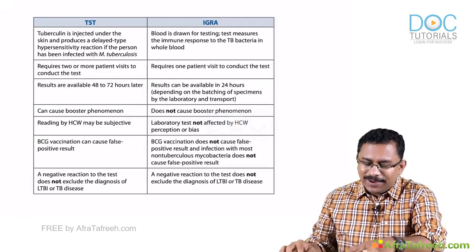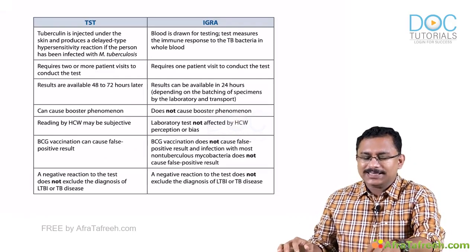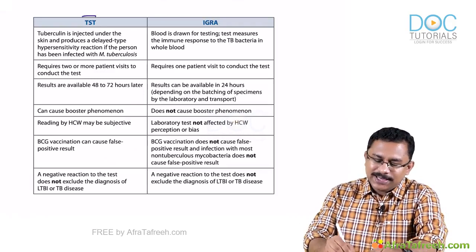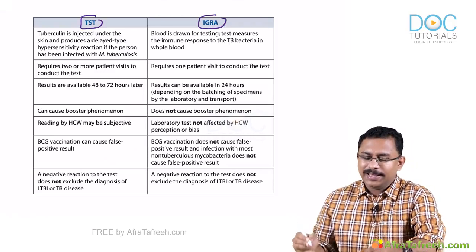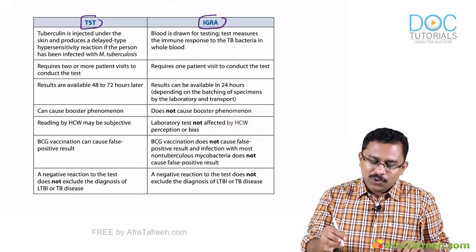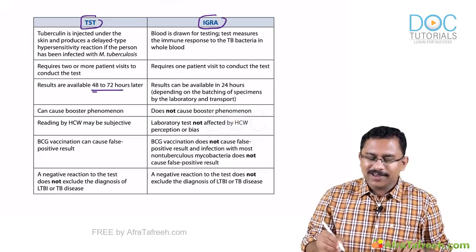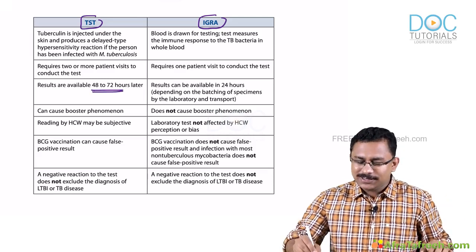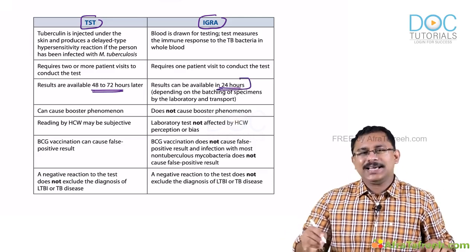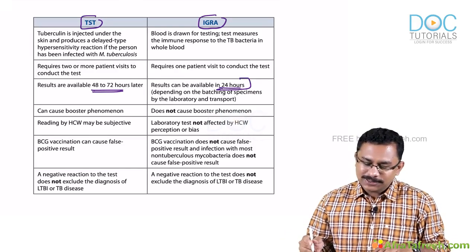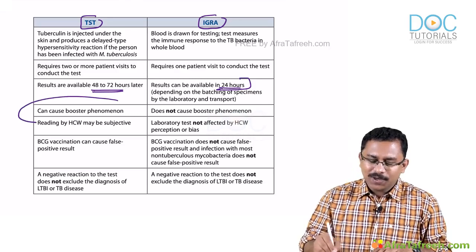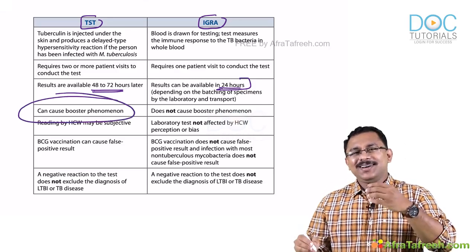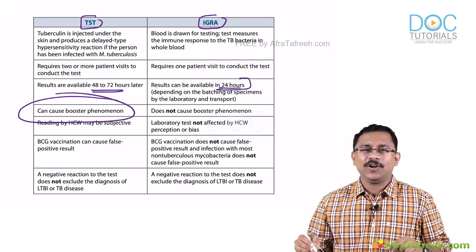So just a comparison of the tuberculin skin test as well as the interferon gamma release assays. See, for the tuberculin skin test, you will have to wait for another 48 to 72 hours. Here you can do the test and obtain the result in 24 hours. There is one important point with respect to the TST, that is the booster phenomenon.